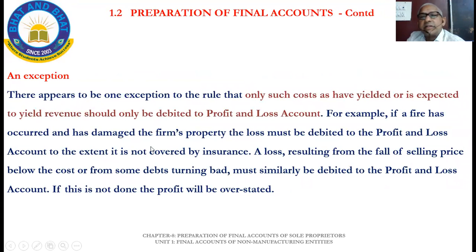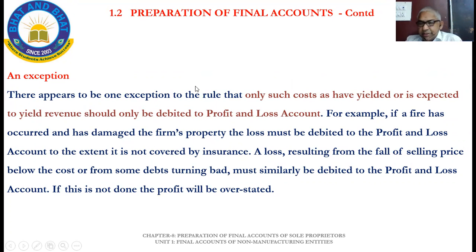Then some exceptions will be there. For example, a fire occurred. That is not happening every time; it is exceptional. That will be treated as a loss, but the full amount will not be accounted as loss if some money is received in the form of compensation or claim from the insurance.